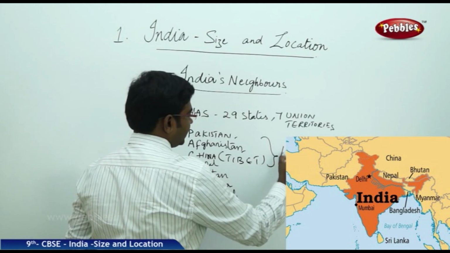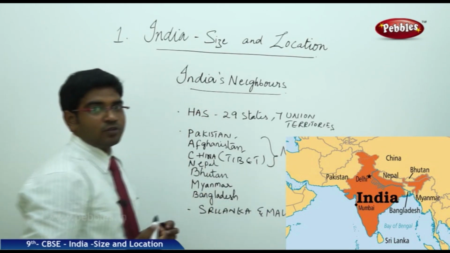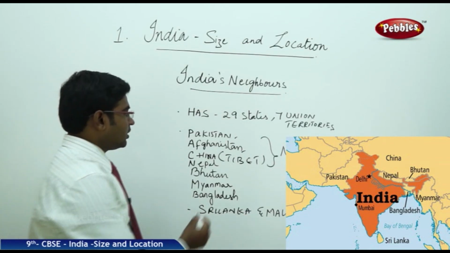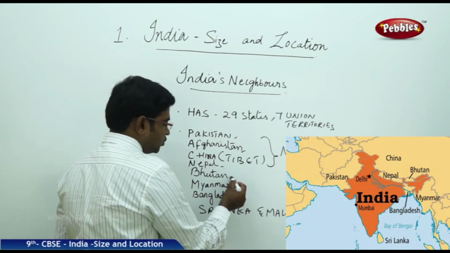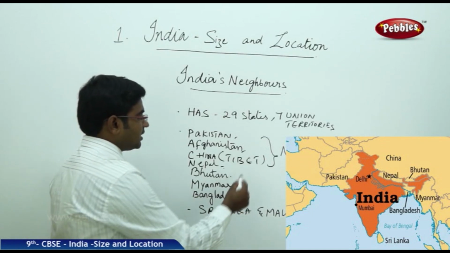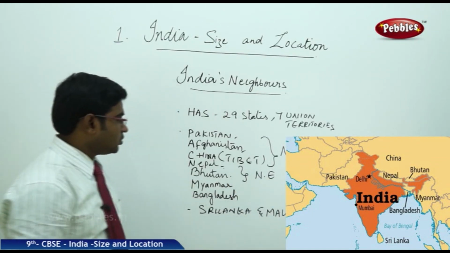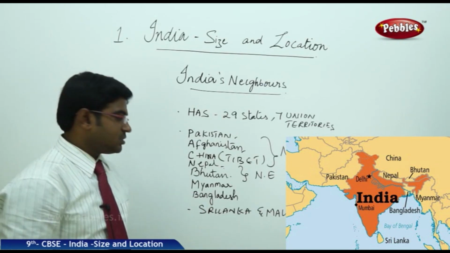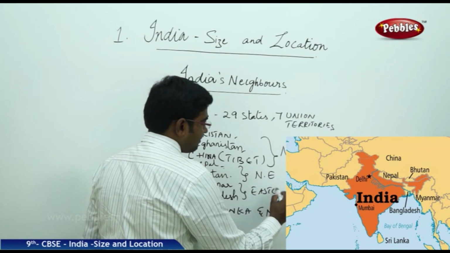These three are the northern places where India shares the land boundary. Then, coming towards the northeastern side, Nepal and Bhutan are the two countries where we share the northeastern land boundary with India. Myanmar and Bangladesh are the eastern boundaries of India.